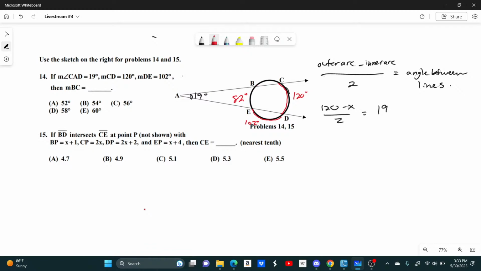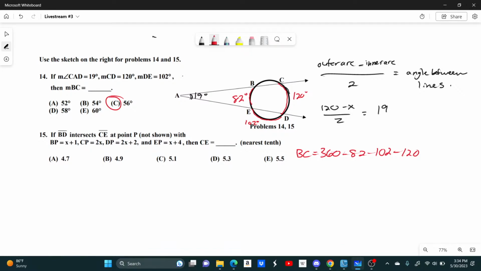Well, we know the arc all the way around a circle is 360 degrees, right? And we have everything around the circle except for BC. So BC equals 360 minus 82 minus 102 minus 120, which gives you 56 degrees. There you go.